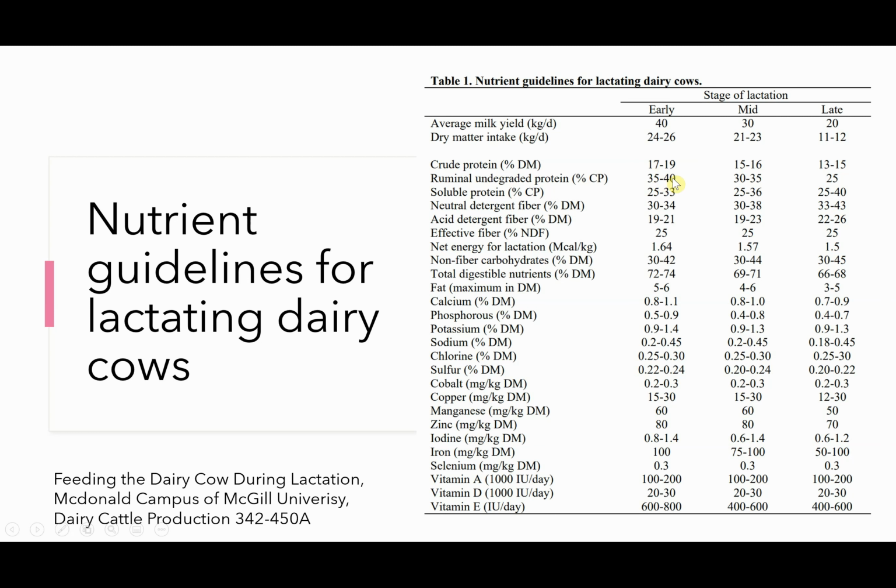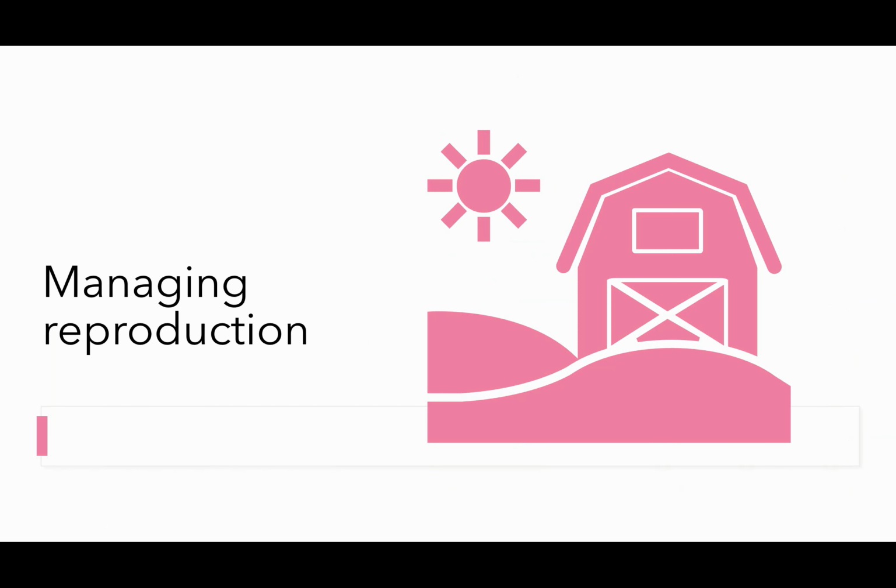So protein overall is much higher at the beginning than later in the mid and late lactation. Fibers remain relatively stable or steady throughout lactation, and energy decreases a little bit, but not a ridiculous amount. If you feel like you want to look at the rest of this chart, you're going to have to, but it's not necessary to read it or memorize it for this course.